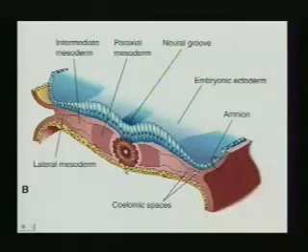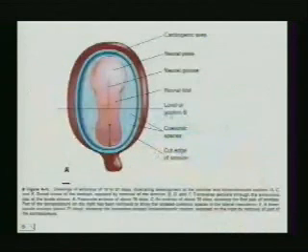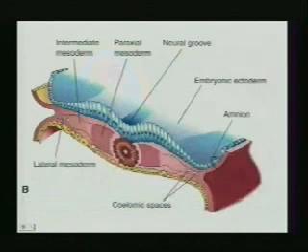With a high magnification of a transverse section, as indicated here, the level of section B, just at the caudalmost end of this neural fold. We can see in the neural groove, the underlying notochord with the notochordal canal, and the folds on either side, pushing on over to the connection of the amnion and the associated somatic mesoderm.